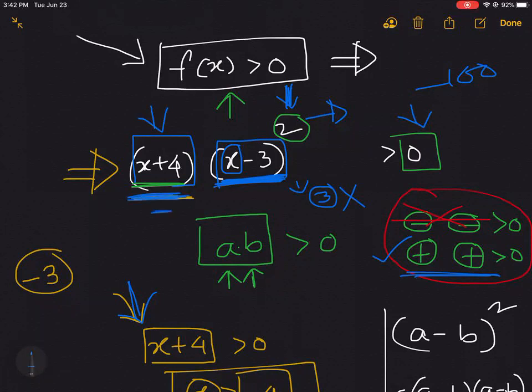If this is negative, this is positive, then the product will be negative, which we don't want. So we need to take care of this in a way so that it remains positive for certain values of x.